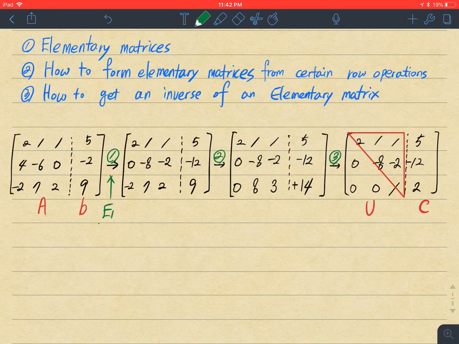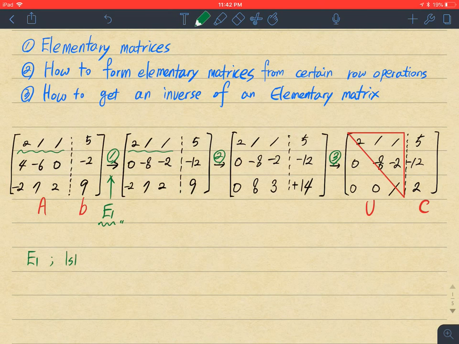So I want to find out what E1 is. Let me just write here E1. What does E1 do to the first row? The first row remains the same, right?